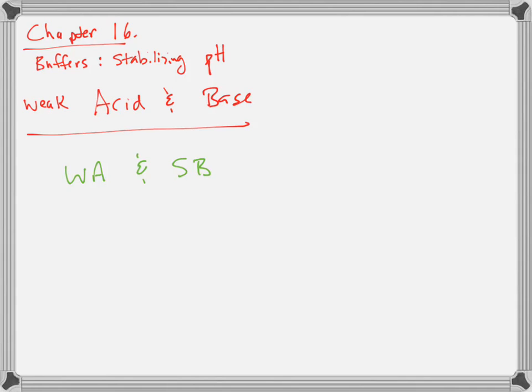For it to be a buffer, I have to have weak acid and weak base. Do I have that? Do I have that immediately? Let's start with that. No. Okay? I'm not saying anything about the amounts of these species, though. So if we mix these two things, is it possible that we could mix them in the perfect ratio such that we generate a weak acid and a weak base? Okay, well, let's go through and establish that.